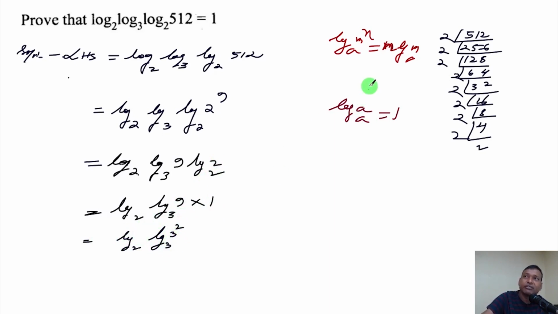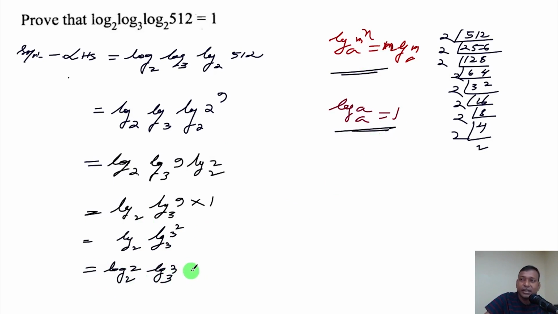Now this 2 again, we will use this property and this power will come before log. Now here you can see both log 2 to the base 2 and log 3 to the base 3 are in this form. That means it will be equal to 1 into 1, which is equal to 1, the right hand side. So hence proved.